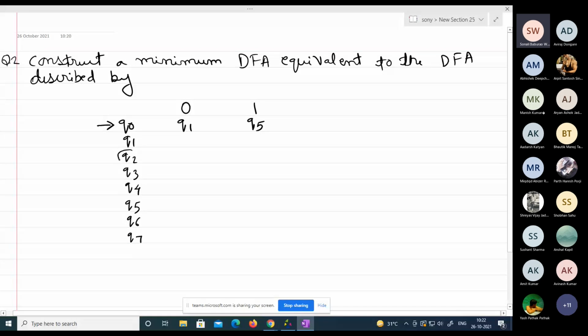So what does that mean? I think we have not seen this type of example in the class. So write down this question: you have to construct a minimized DFA for the DFA described by this transition table.